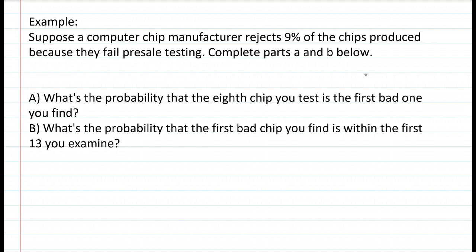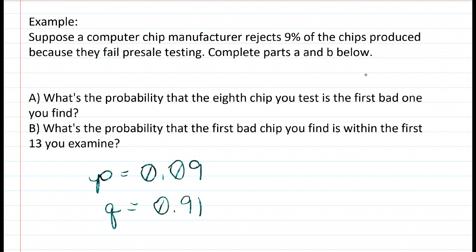Let's identify the probability of success: 0.09, right, 9%. The probability of failure is 1 minus 0.09, which gives 0.91. And x, the number of trials until the first success occurs, is 8.